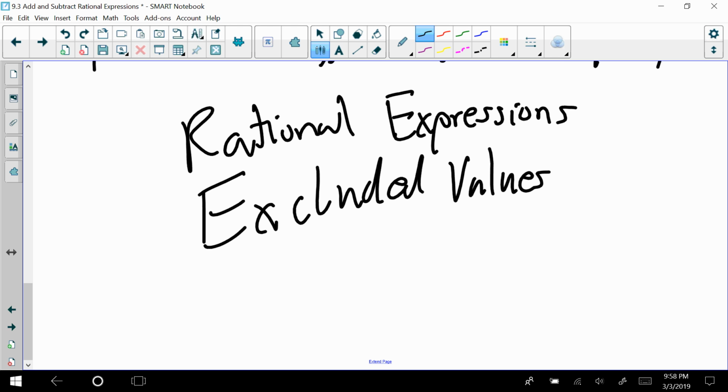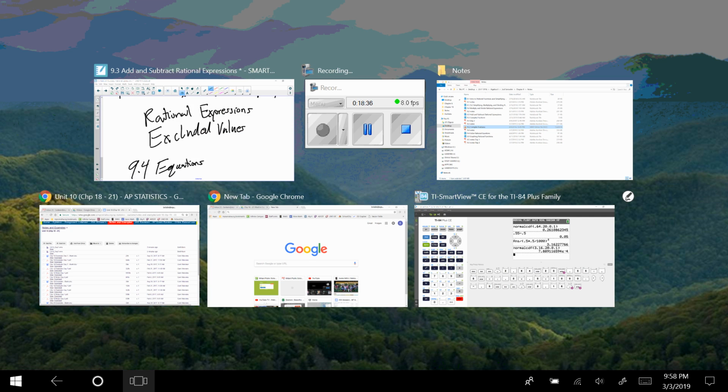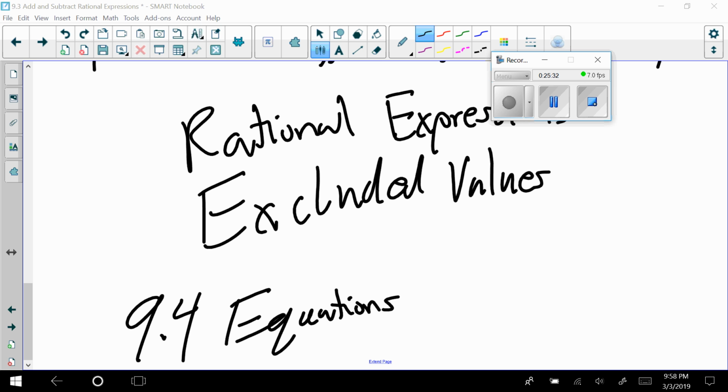What's coming next in 9.4 is we're out of expressions and we're into equations. And I just barely went over 25.